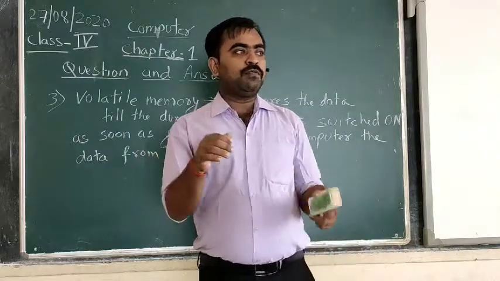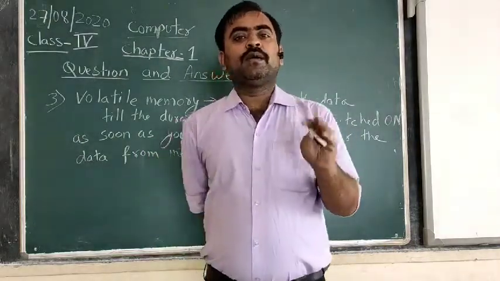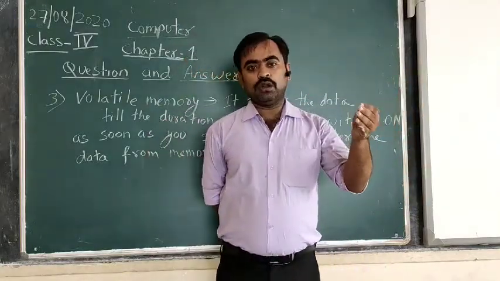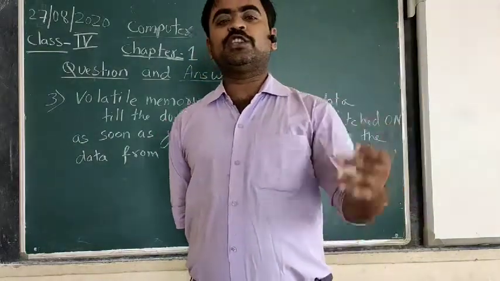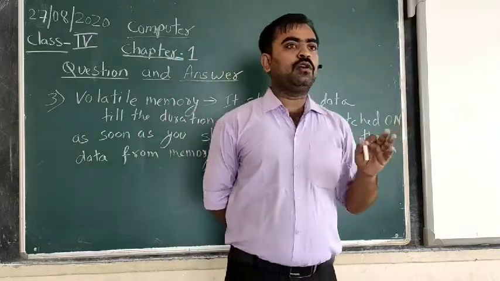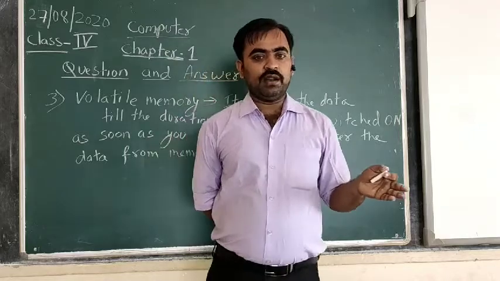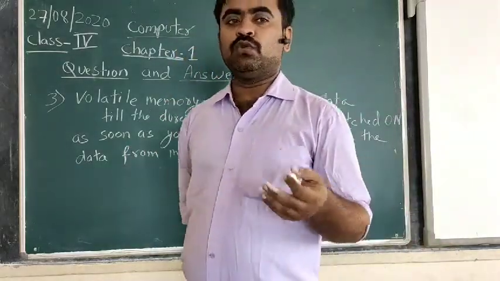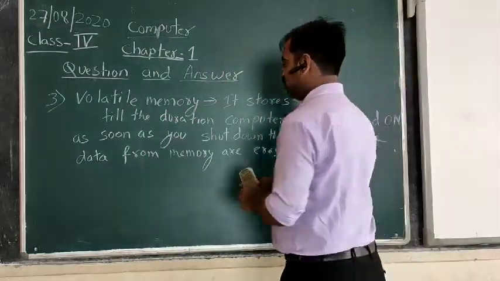Okay, so before power off or before shutting down the computer, please ensure that you have saved the data properly on the hard disk of your computer or some other external device. Otherwise, if you shut down the computer without proper saving of the file, you will lose your task or you will lose the data. Clear?